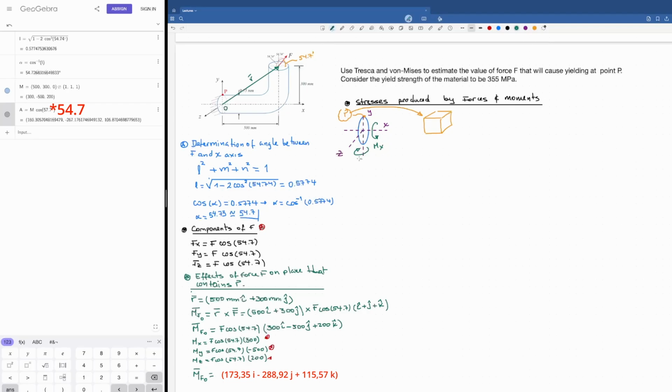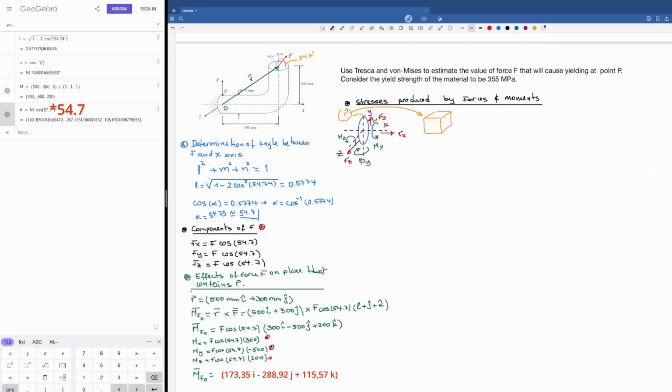And in z, a positive moment, like this. And definitely, I'm going to have my 3 force components: this is my Fx, I'm going to have my Fy here, and my Fz, all positive.